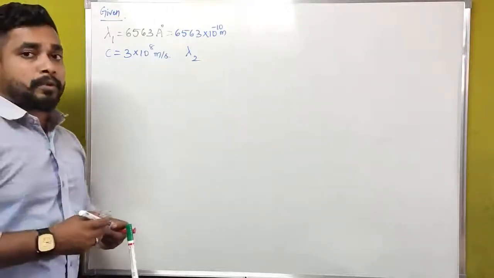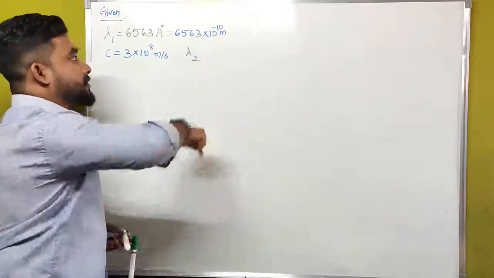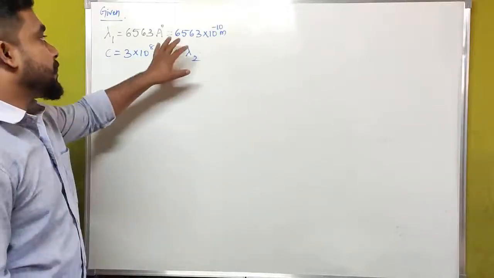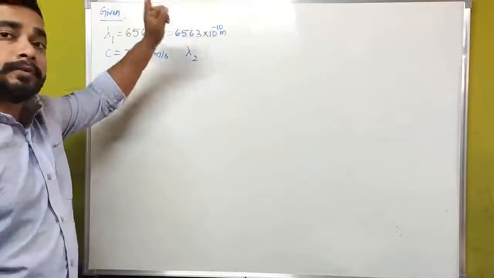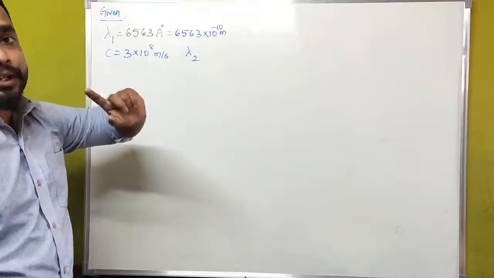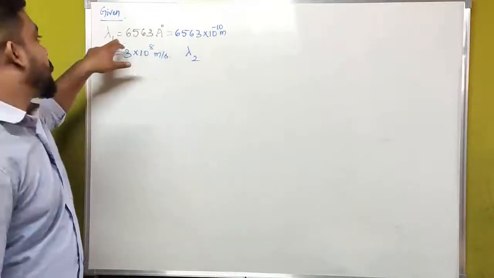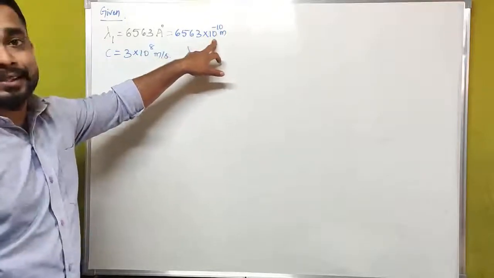Actually, in our first problem, we calculated this term only, 6563 into 10 to the power of minus 10 meter, by considering this as the longest wavelength of the Balmer series.